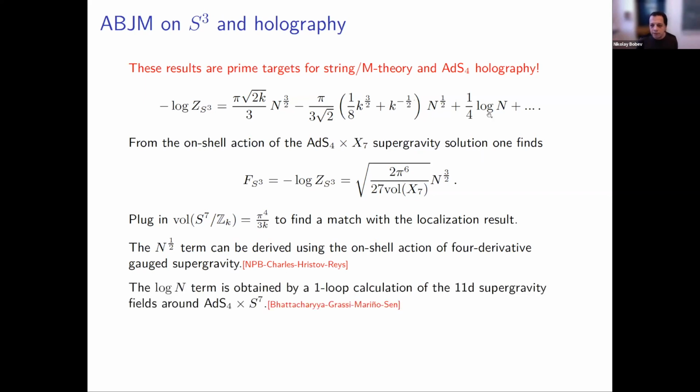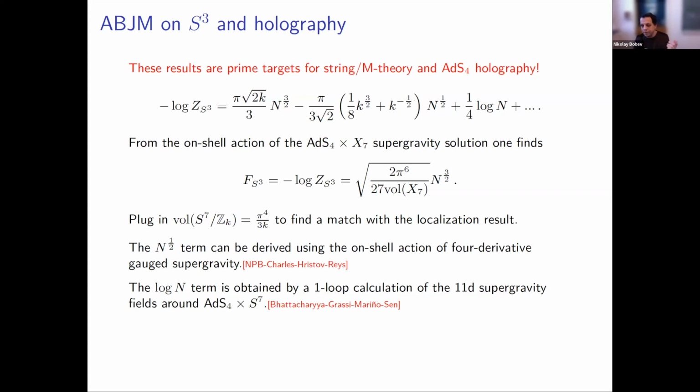And finally, there's this logarithmic term in n, which is the only thing that is not a power series. It's not a power law, it's a logarithm. And you can wonder how it comes about. What these people showed is that it comes about by studying one-loop effects of the light fields of 11D supergravity. Essentially what you do is you fix this background, AdS4 times the sphere, and you study the graviton, the gravitino, and the 3-form of supergravity.